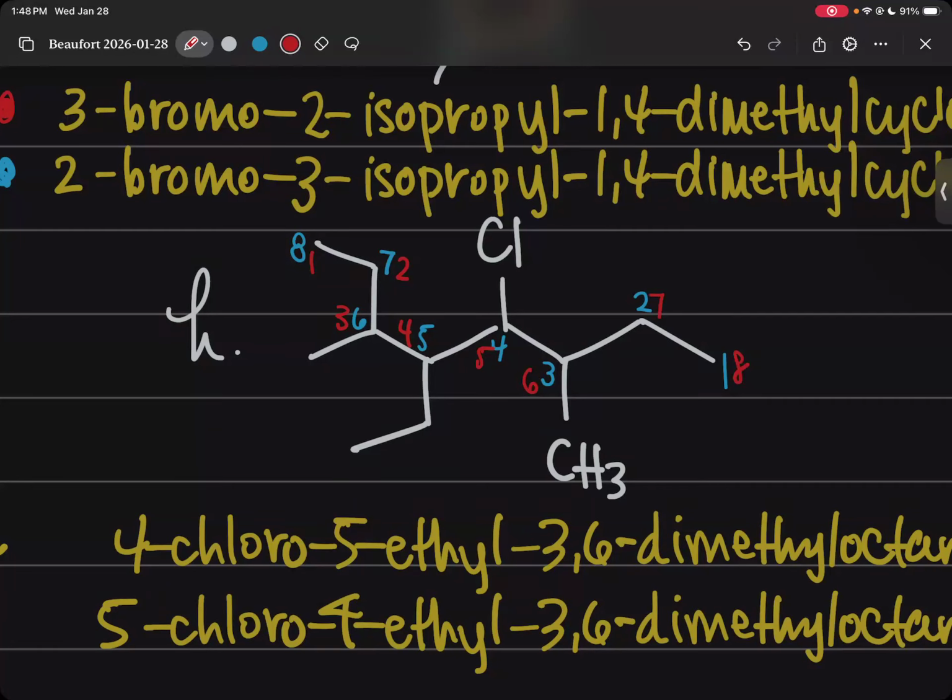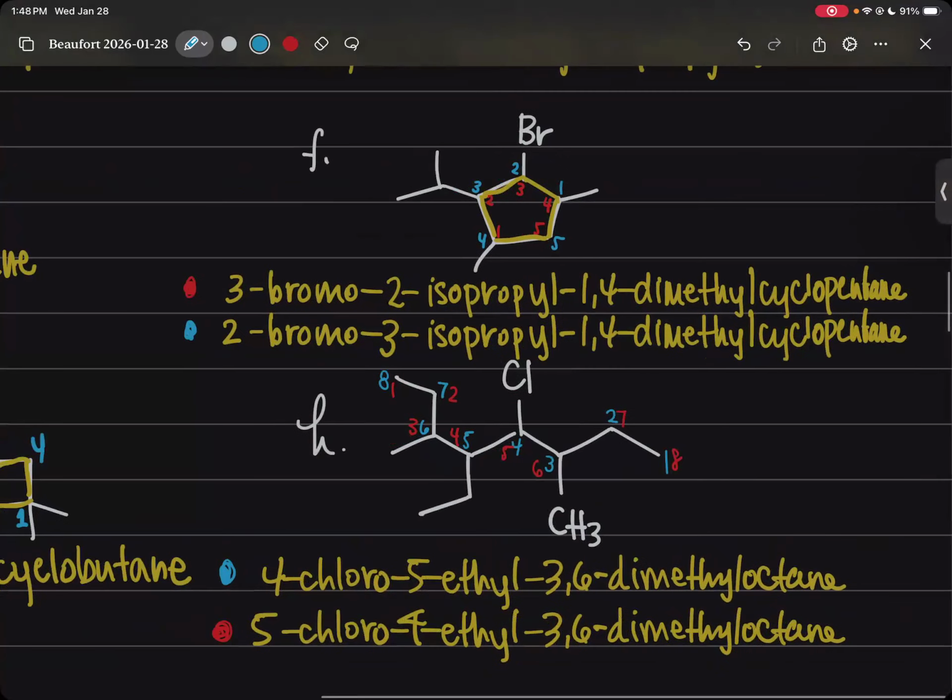Or go like that. And let's see, chloro on 5 is red. Chloro on 4 is blue. And again, so this is like the case just above where we can go either direction and it still minimizes the substituent numbers.